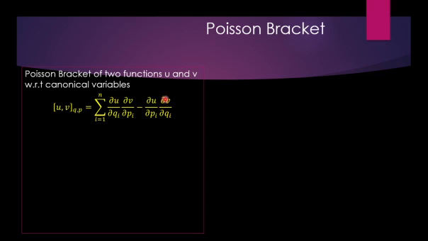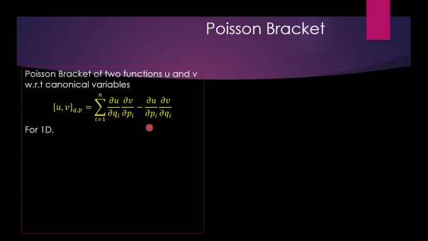And such n terms would be there for n generalized coordinates. That is why a summation is there. Okay, so it is very easy to remember. u varying with respect to q into v with respect to p, minus, then reverse the order of differential.